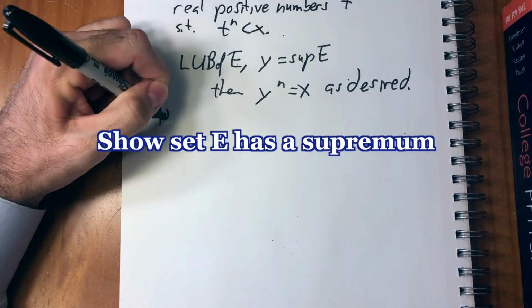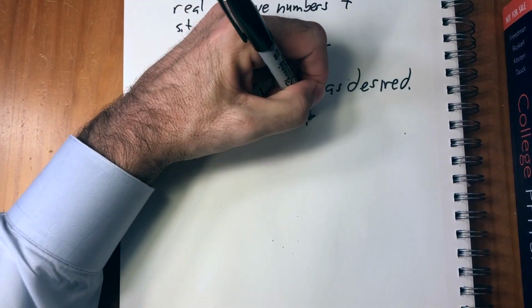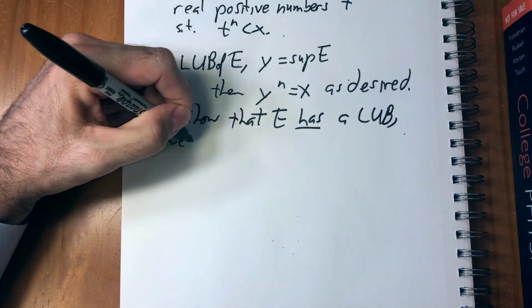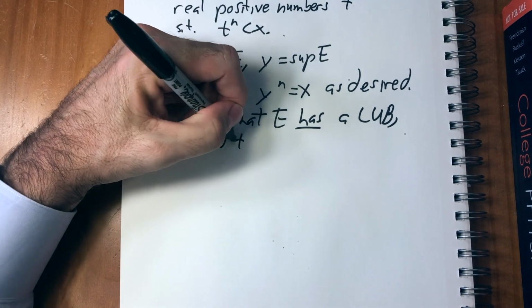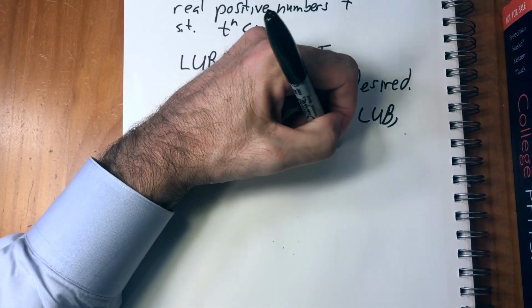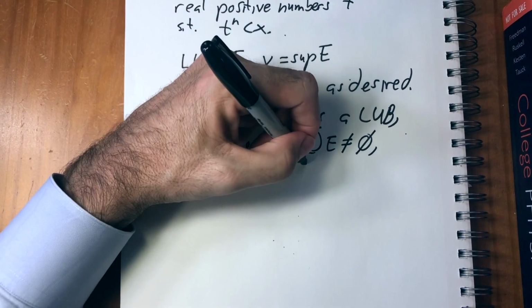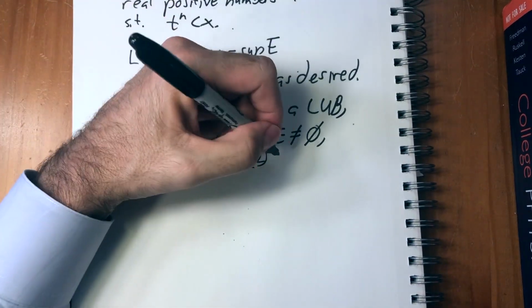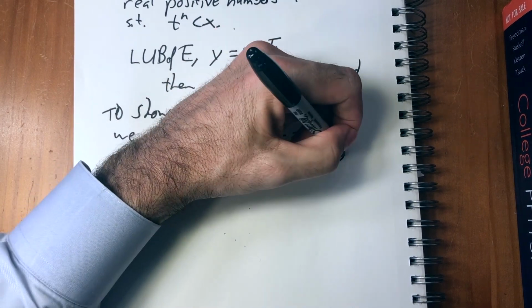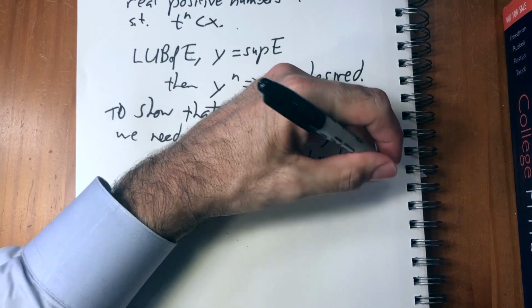And to show that E has a least upper bound, we need to show first that E is not empty, and two, that E is bounded above.